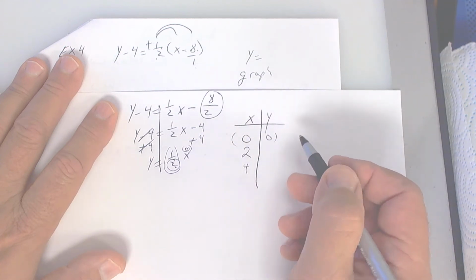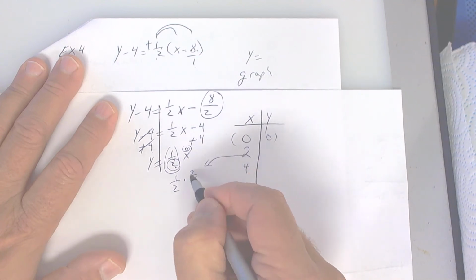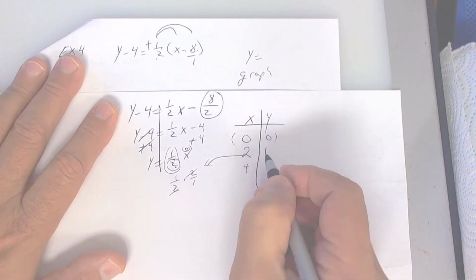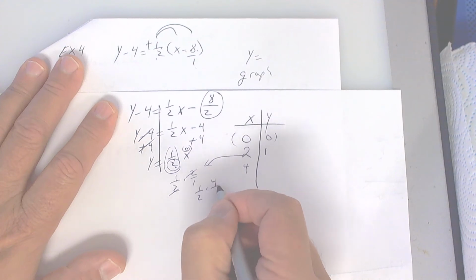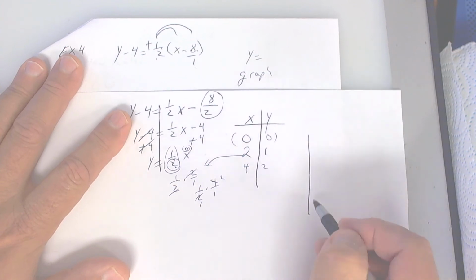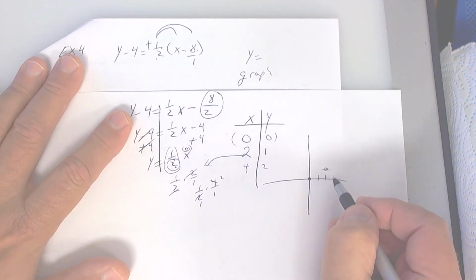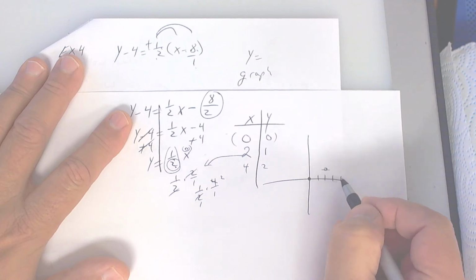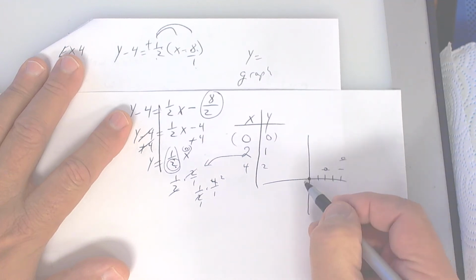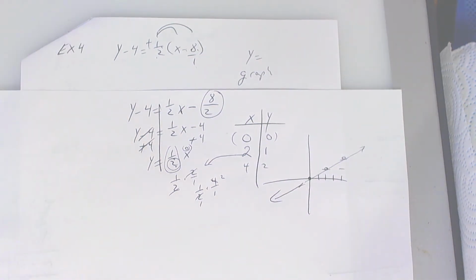That's the origin. 1/2 times 2, put a 1 under here, this cancels, so you get 1. 1/2 times 4, 2 goes into 2 once, 2 goes into 4, 2. Let's take a look at these points. Over 0, up 0, over 2, up 1, over 4, up 2. So they all should be on this line, and they are. Okay? So you have to first get y by itself.